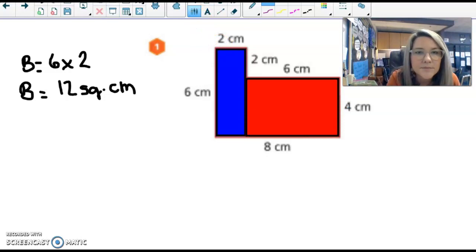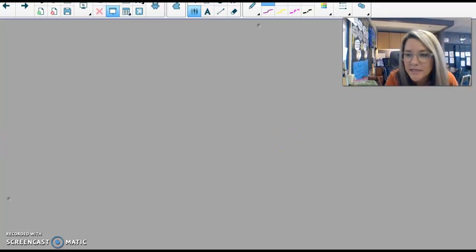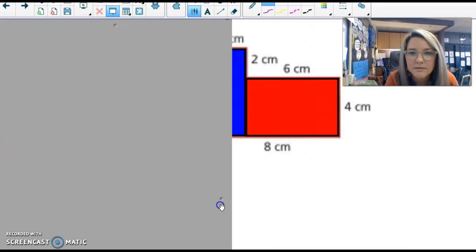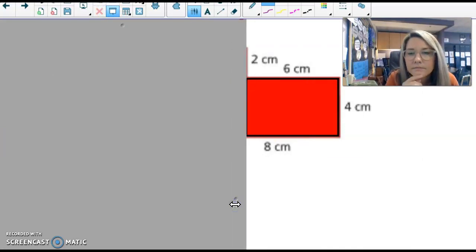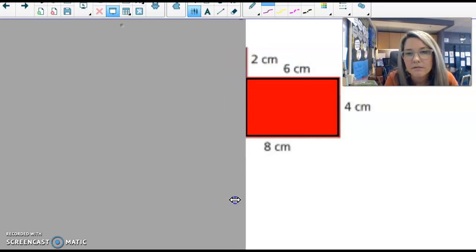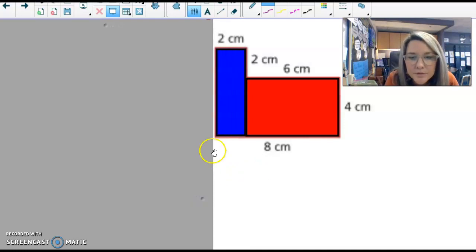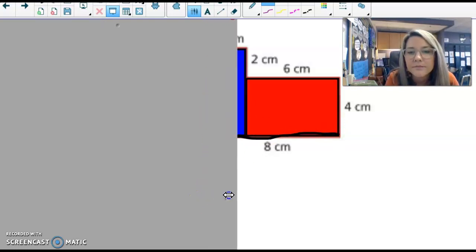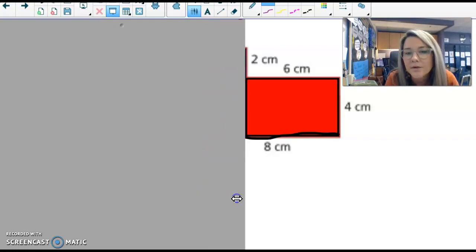Do this, and it helps again to cover up the rectangles you're not using. All right. Now this can be a little bit confusing because I have a lot more numbers. But if I do look at the blue, this whole side is 8 centimeters. I've already calculated the measurement for the blue rectangle. So what are my dimensions of the red rectangle?